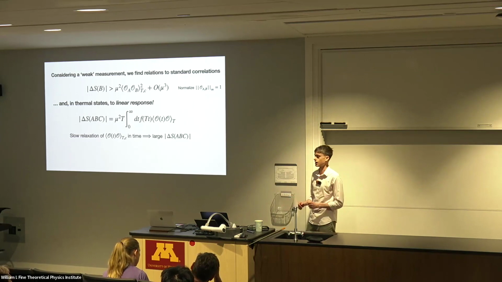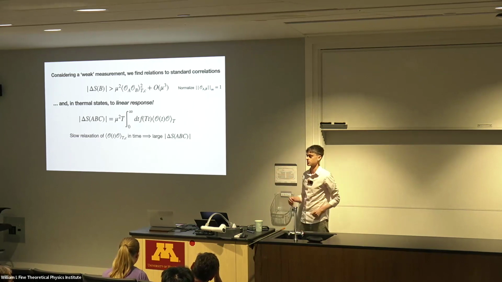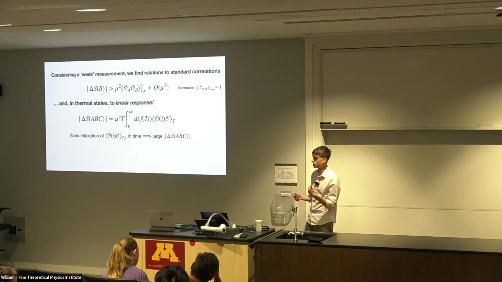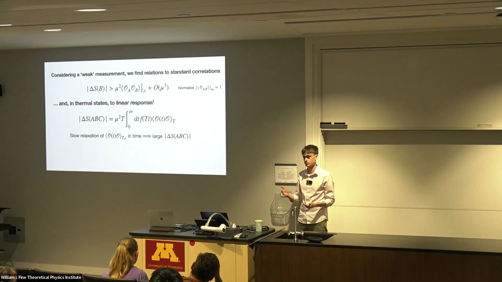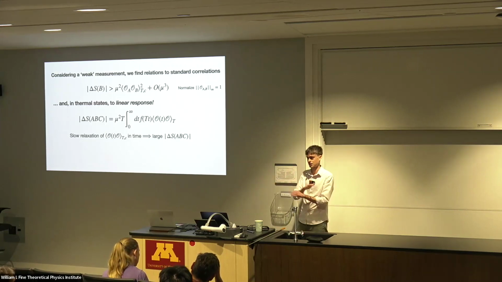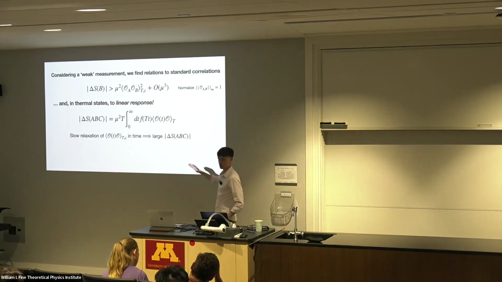The thermal state is a statistical mixture of the spins being mostly up or mostly down. If I measure the order parameter, z, this is an extremely slowly relaxing observable. On measuring the order parameter, I reveal a bit of information to the environment. I measure whether my spins are up, and this kind of magnetizes the whole universe. And so in that case, I get a large change in the entropy.